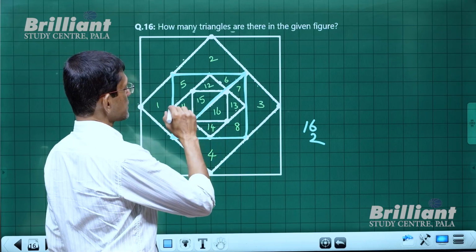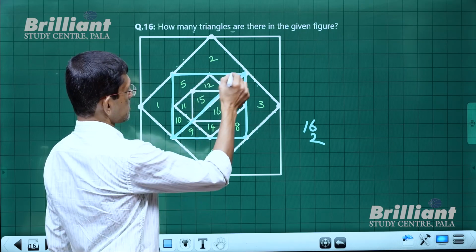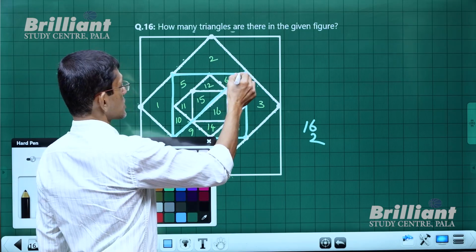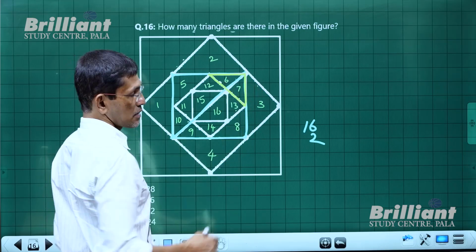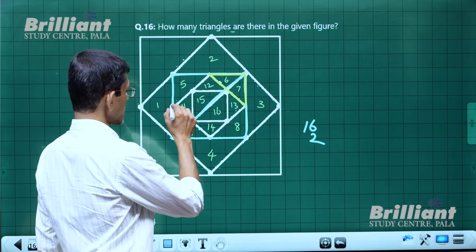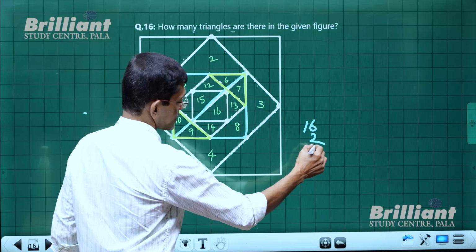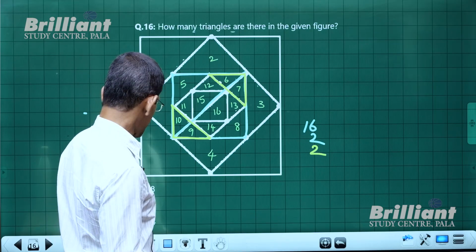Then let me take another color, yellow. So then we'll take these two, 6 and 7 together, we have another triangle. Then 9 and 10 together, we have another triangle. So we have 2 more. So 16 plus 4 is 20.